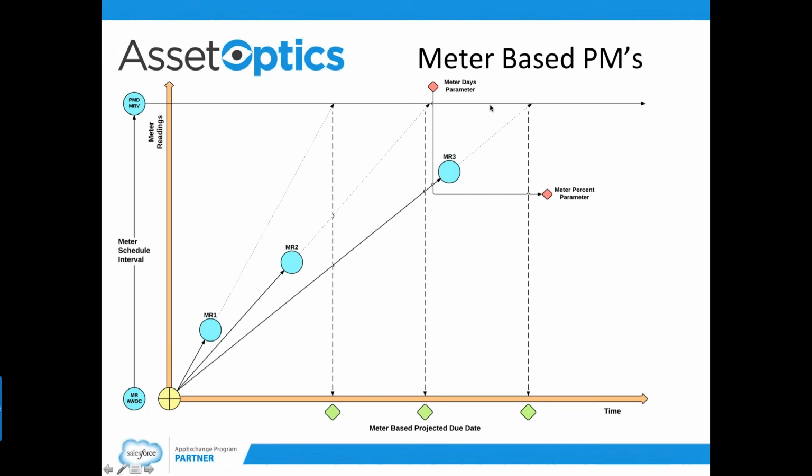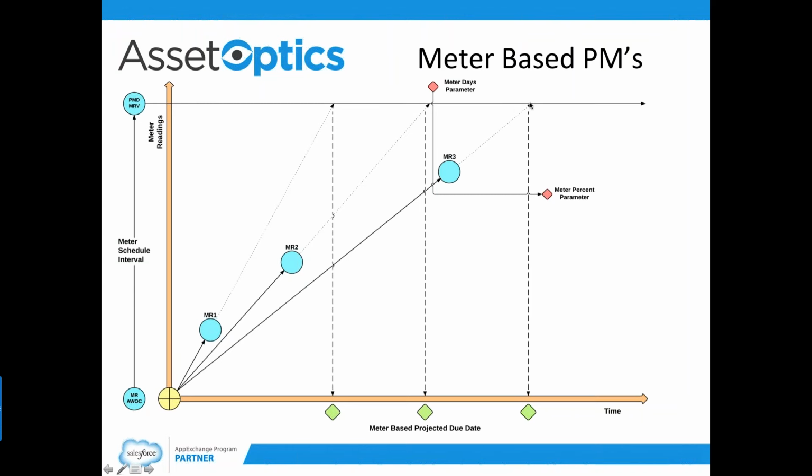So if you have a very, very short planning cycle, you can make that very tight. You can say, when I get all the way up to 95% of the meter reading, I can release it at 95%. Or if you want a bigger window, you could say, when I get to 80%, I want to go ahead and release it, and then I'll schedule it based upon that projected due date.